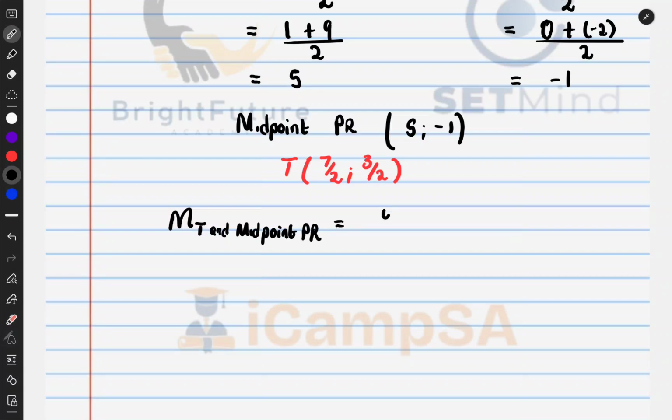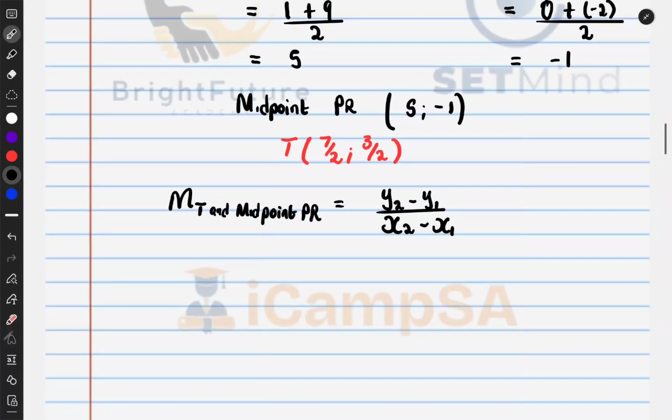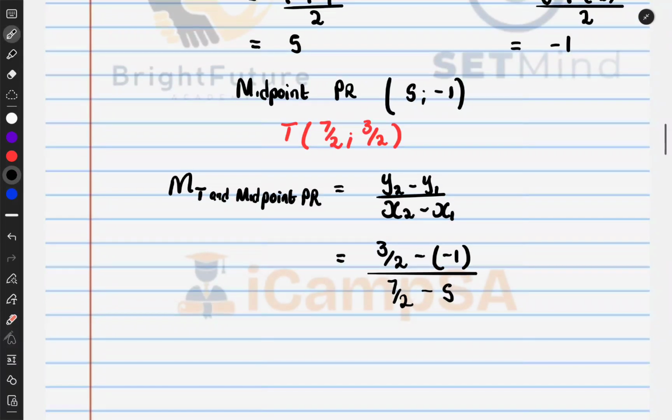We're going to say y2 minus y1 over x2 minus x1. This is equal to, we can take y2 for T as 3 over 2 minus y1, which is -1, divided by 7 over 2 minus 5.